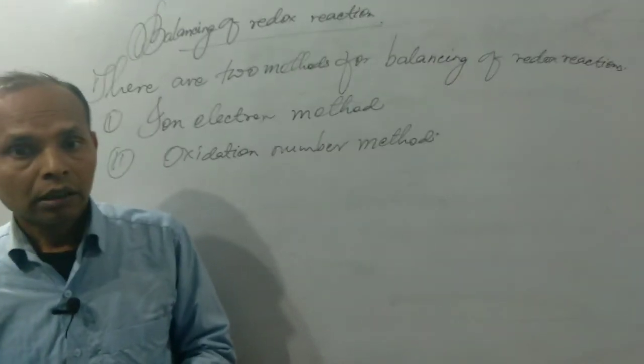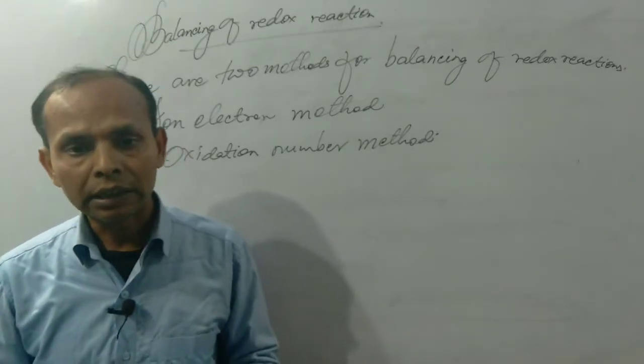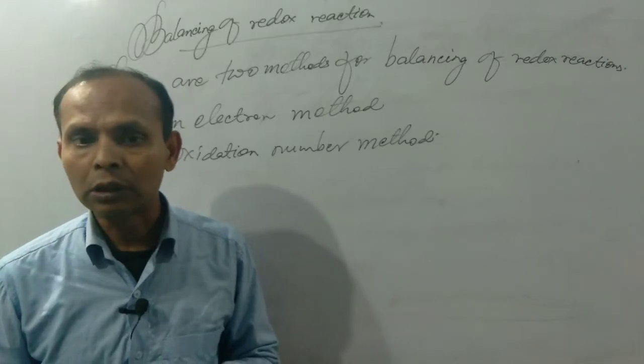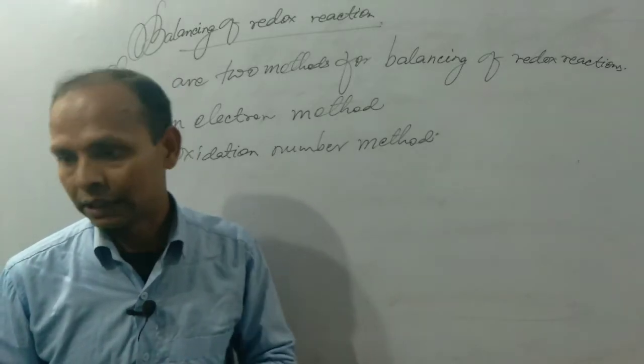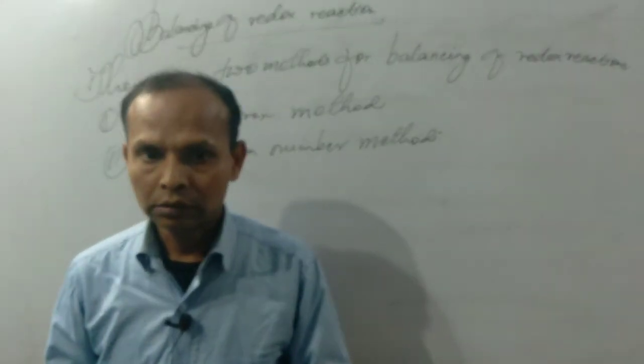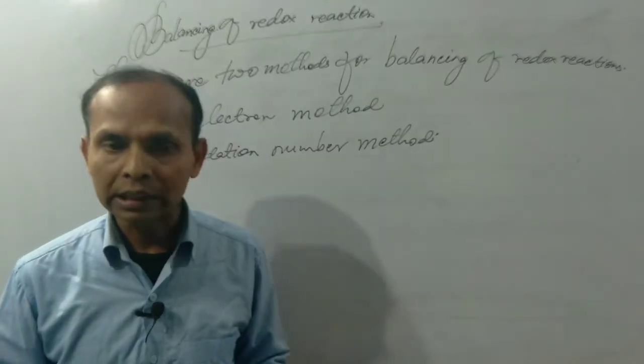Then we have to balance oxygen by adding water. So in order to balance oxygen atoms, water molecules are added to the deficient side. The third rule tells us, if we add water, then the number of hydrogen atoms increases.